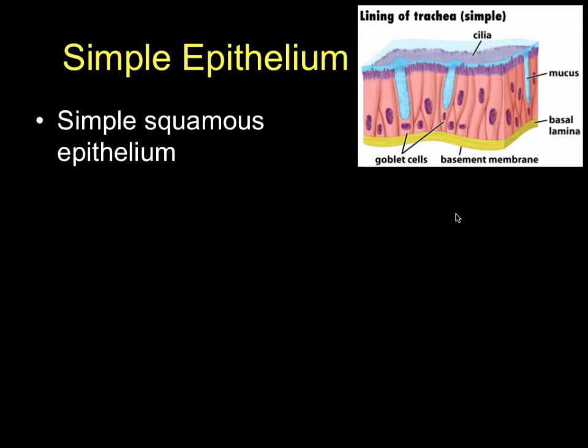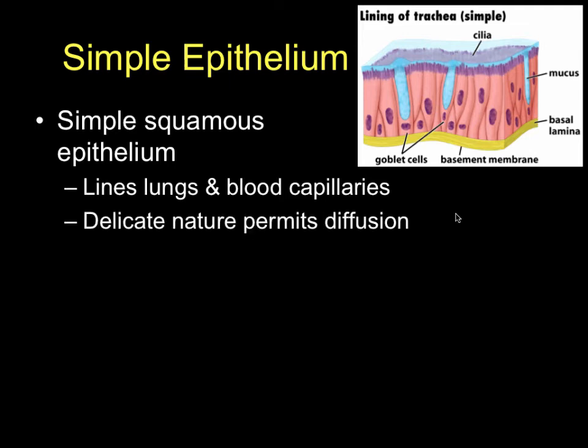Okay, so we're starting off with simple squamous epithelium. We'll do that one first. These tissues are in places where you want to be able to have maximum exchange of something. So if you're dealing with exchange of gases, oxygen, CO2, those kinds of things, you want to have a very, very thin layer of very, very thin cells. And that's a place for simple squamous epithelium to do a good job.